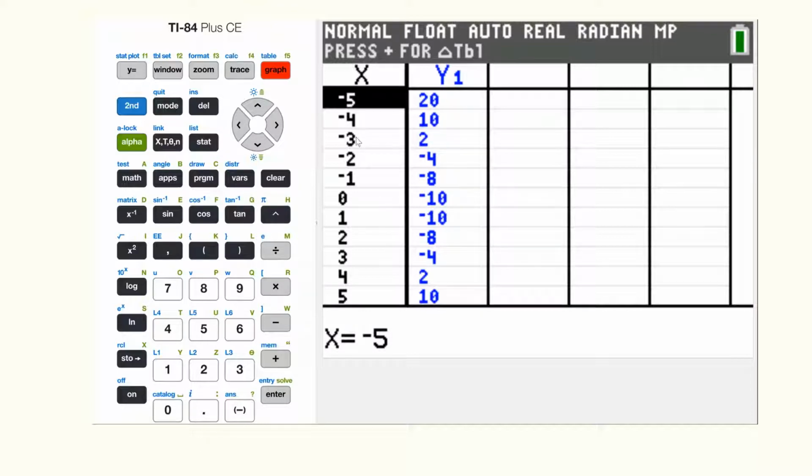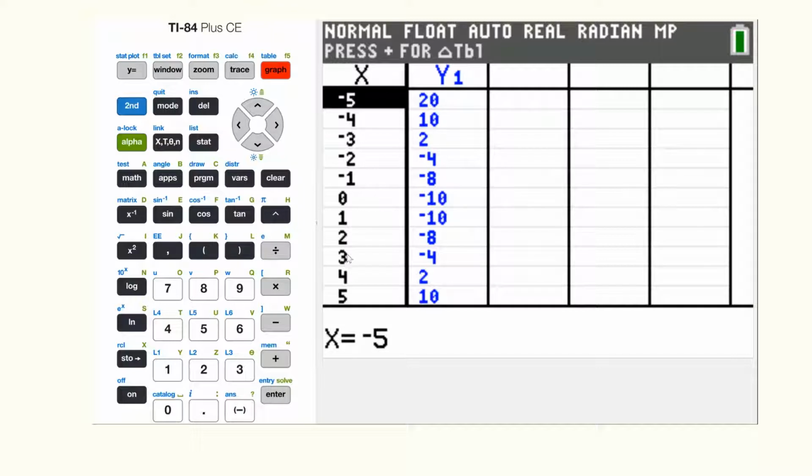Right here between -3 and -2, where we could see on the graph we were crossing the x-axis, the value of y goes from 2 to -4. So I'm seeing a sign change, and that tells me I've got a root or a zero between -3 and -2.